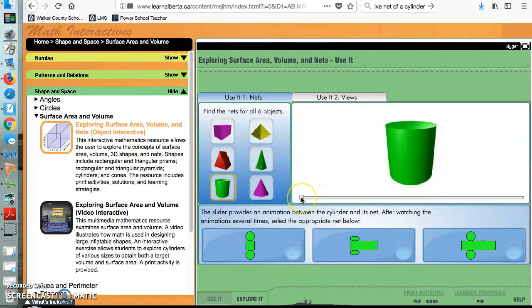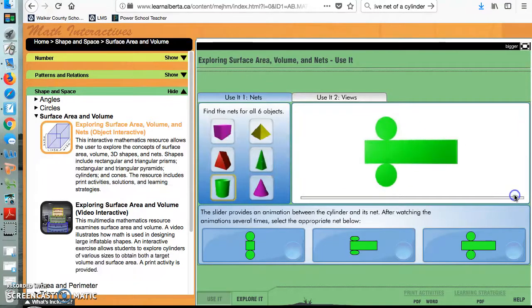Now a cylinder is kind of like a can. If you have a can in the cupboard, that's a cylinder. If you unfold a cylinder, it looks like this. So it's 2 circles and a rectangle. So it's kind of like a prism because you have 2 bases that are the same. They have to be exactly the same.